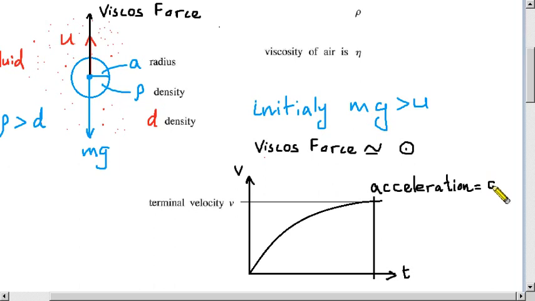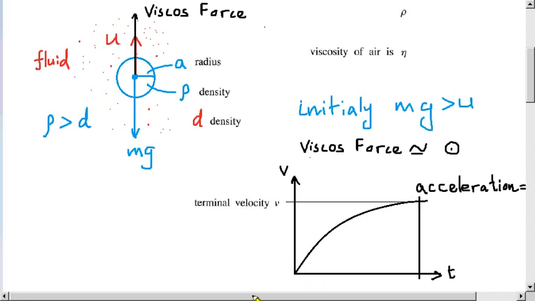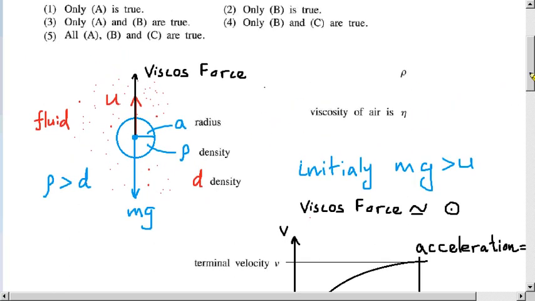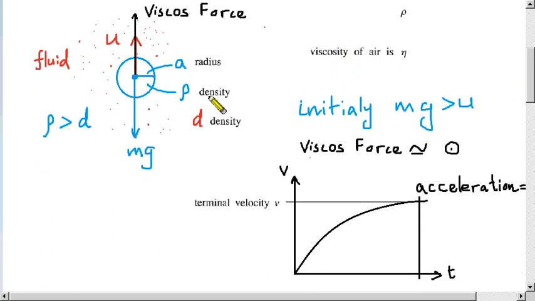Acceleration goes to 0 as I showed. Initially there is an acceleration, that means it is increasing the velocity. So this is the typical graph for such a motion.